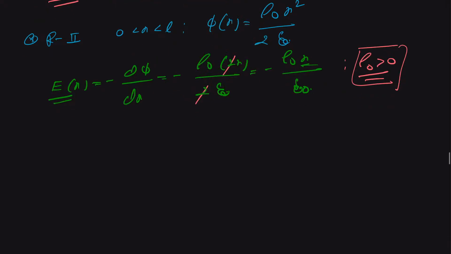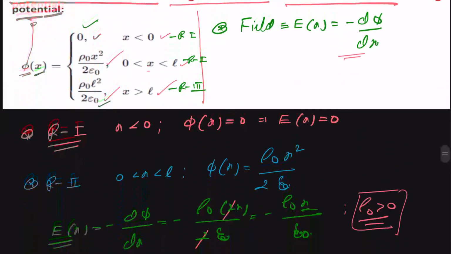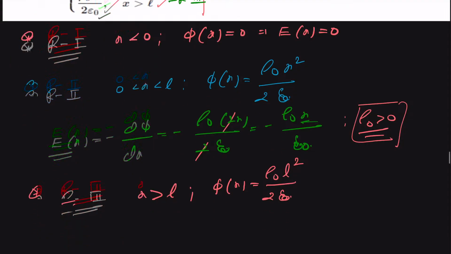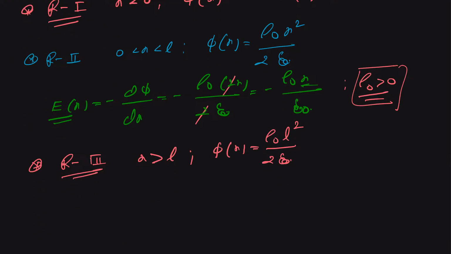And we come to region 3, which is for x greater than L, and the value of the potential is given as rho naught L square upon 2 epsilon naught. If we look closely and compare region 2 and region 3, the major difference is that in region 2 we have x dependence and in region 3 we have L dependence.